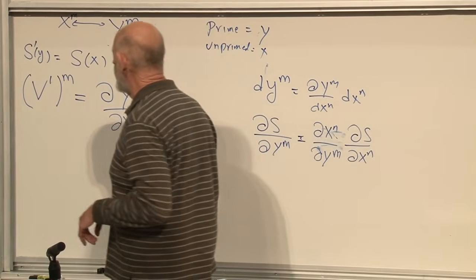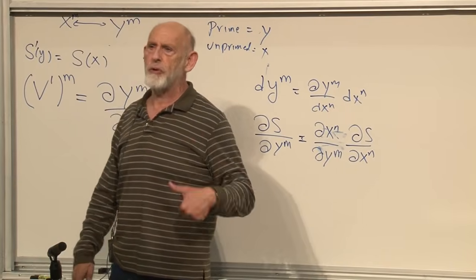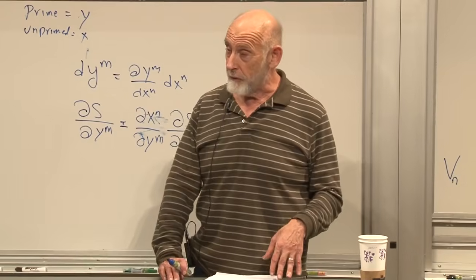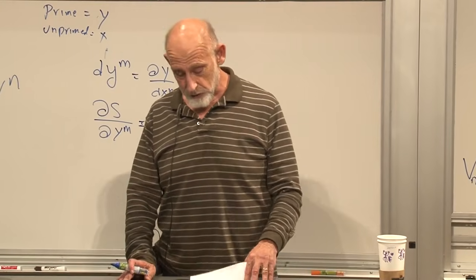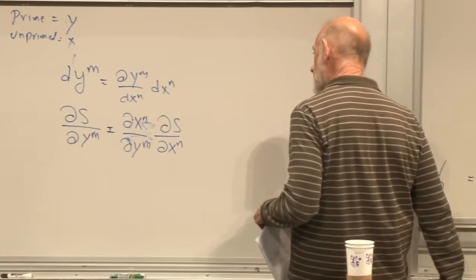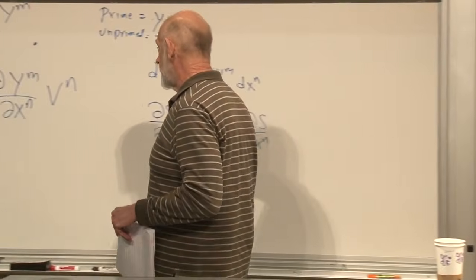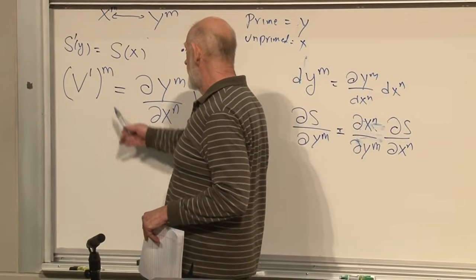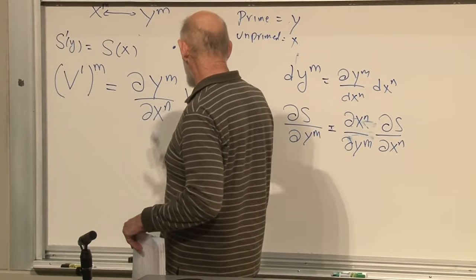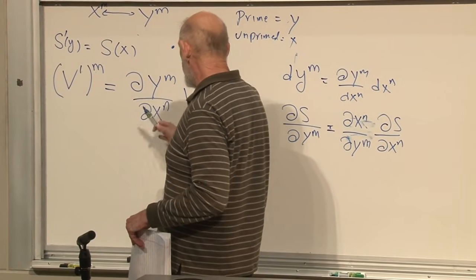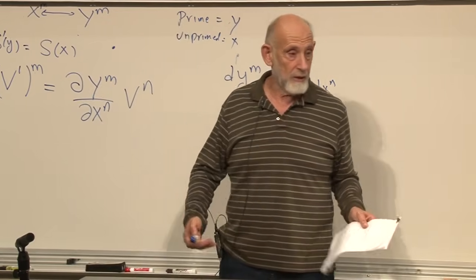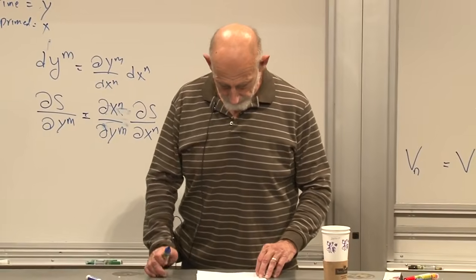V could, for example, be a velocity, in which case it would be a length per unit time. Or it could be a force, components of a force, in which case it wouldn't be those, but units have to match. So in here we have, for example, this could be a force on the right, a force on the left, and a dy by dx, which is dimensionless. Perhaps they're both measured, let's say, in meters.